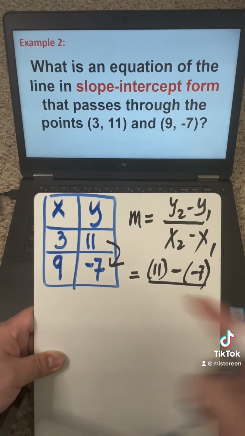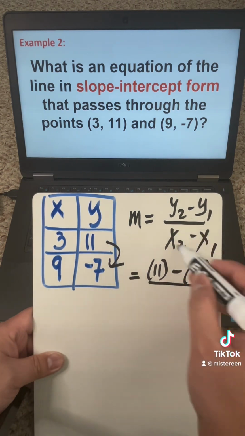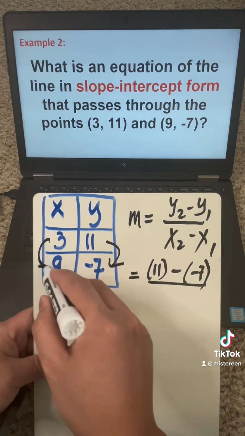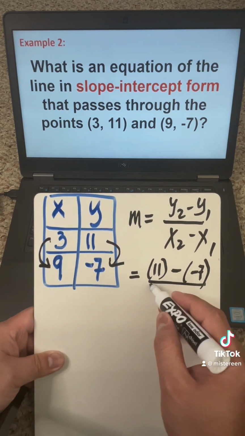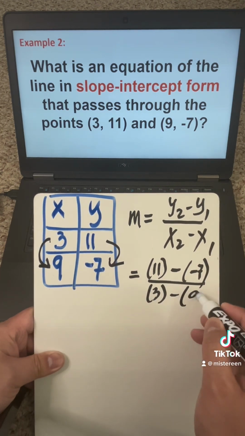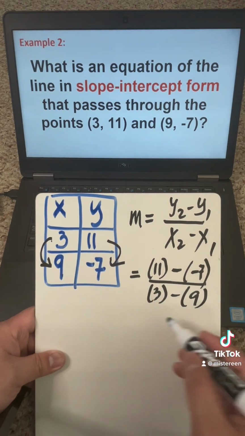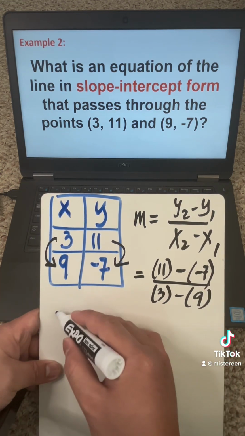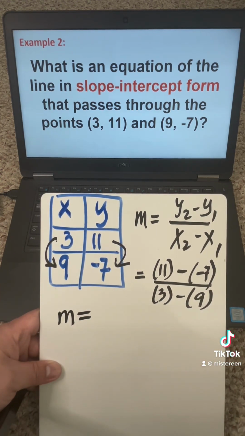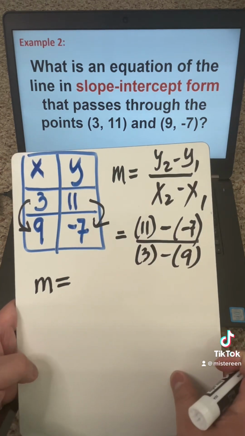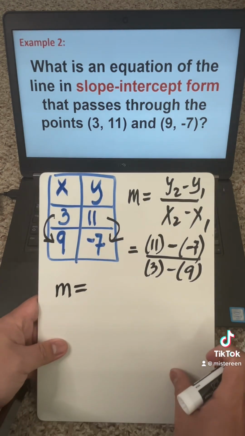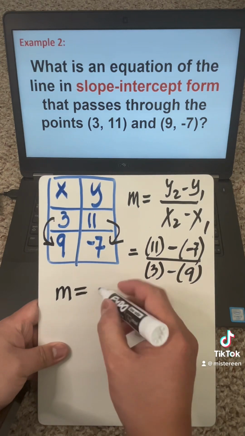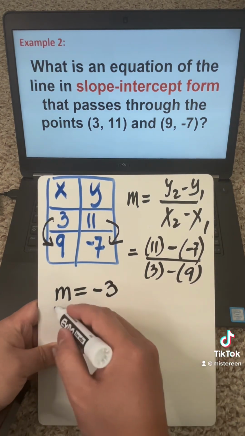At the bottom of our formula are the x's, so we subtract these x's: parenthesis 3 minus parenthesis 9. If you put all of this in your Desmos Scientific calculator, you should get the slope, which is equal to negative 3.